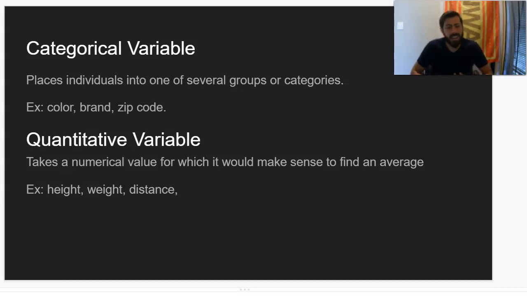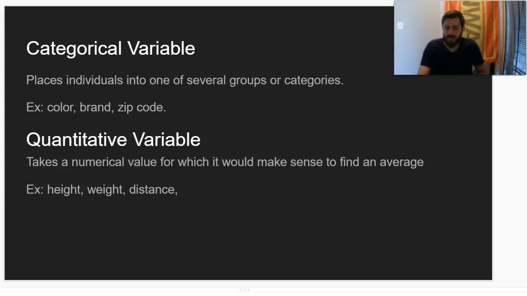So things like height, weight, distance, like your grade in a class, for example, like your average test score, things like that. Things like how much time is spent waiting at the bus stop. And there are some things that you could make the argument fit into both quantitative or categorical, but that's a different conversation for a different time.